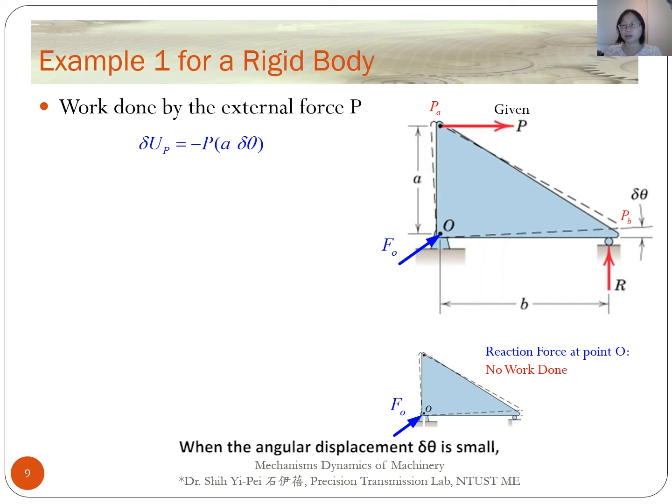When the angular displacement delta theta is small, the distance point PA moves is the distance A times delta theta. Because the displacement is opposite to the direction of force P applied, negative work is performed.